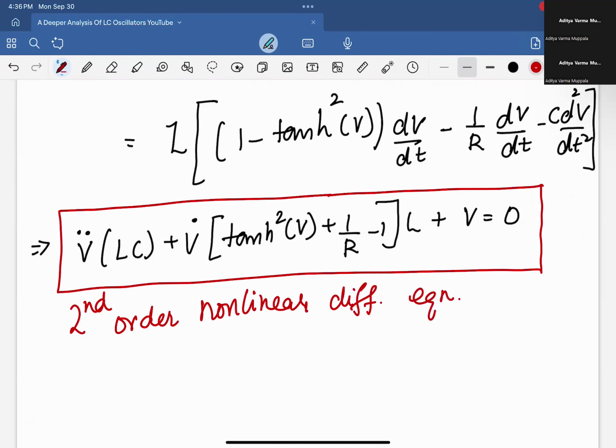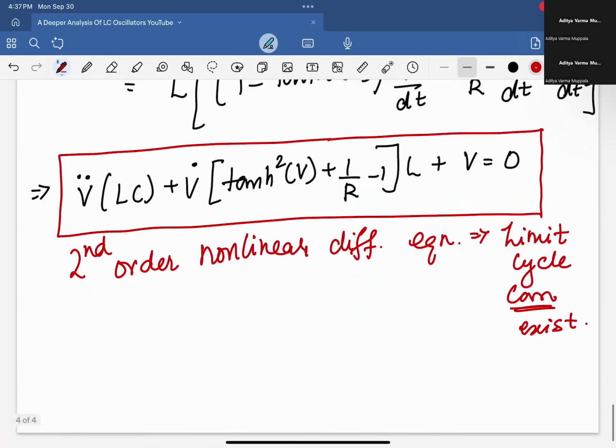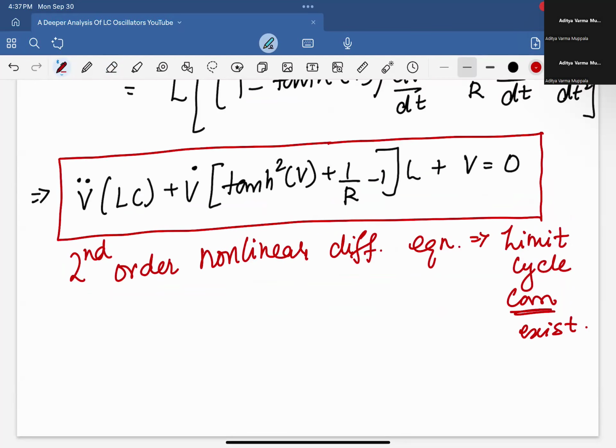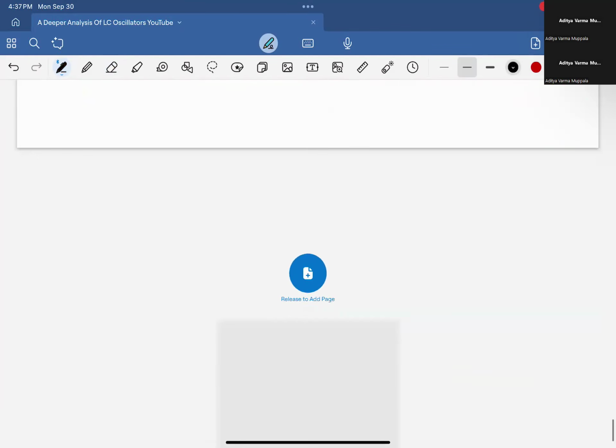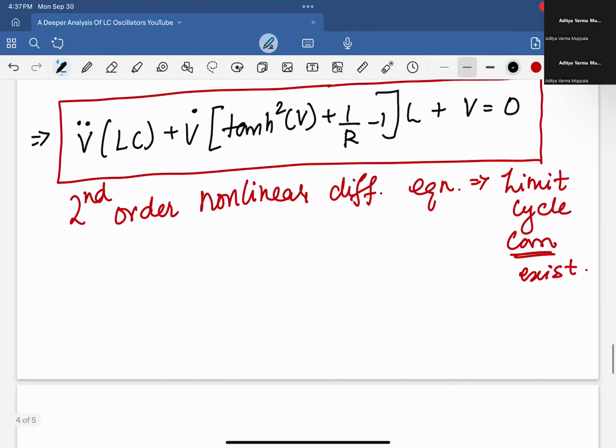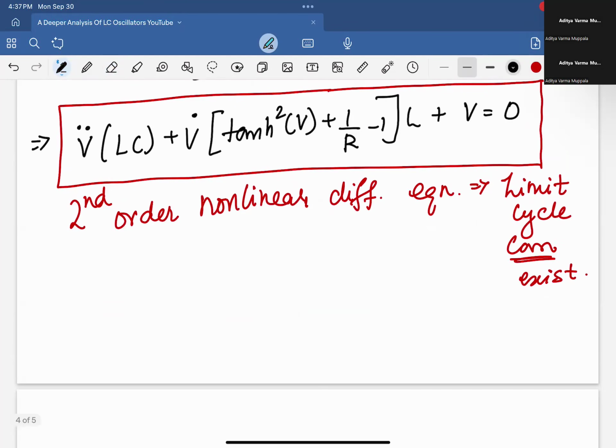Nonlinear differential equation, which means that a limit cycle can exist. It is not guaranteed, of course, but it could exist, right? So now what we want to do is to numerically solve or find the solution to this at different points and see if a limit cycle does indeed exist.